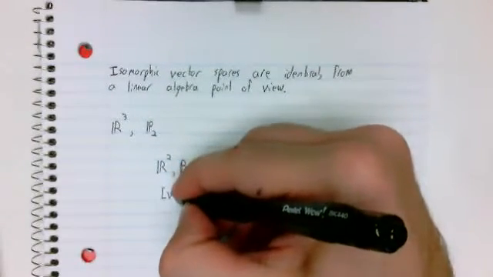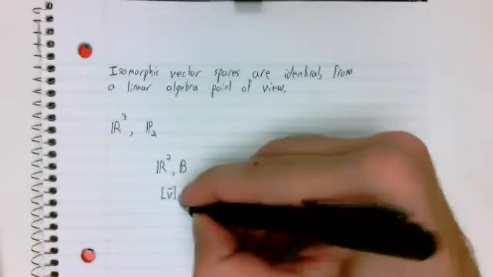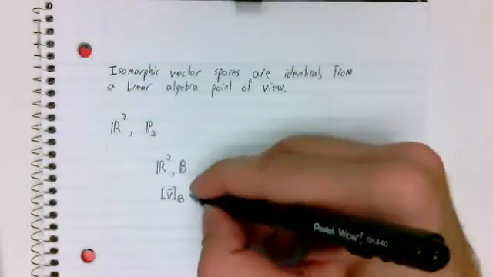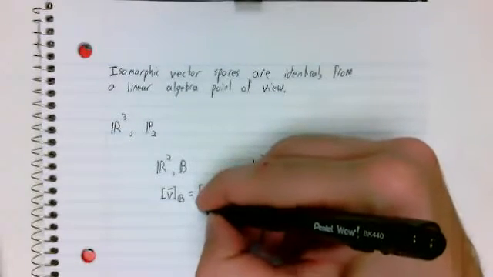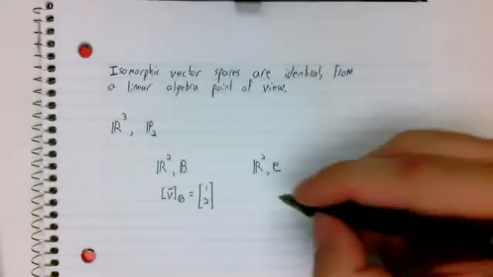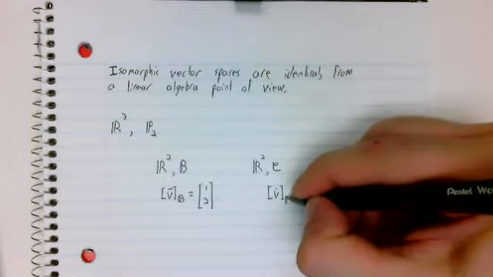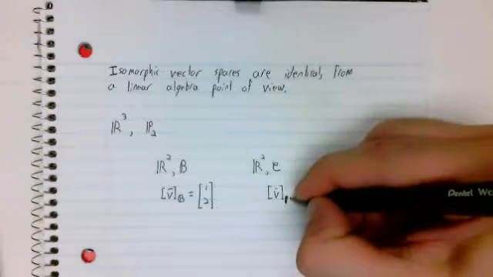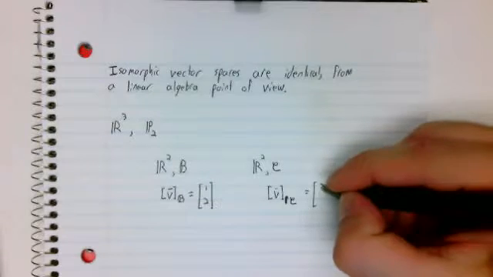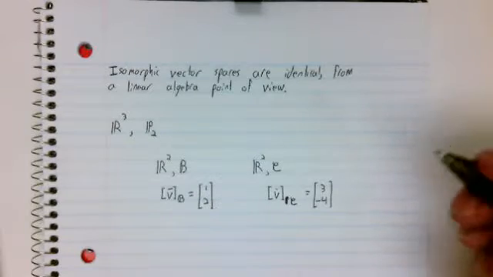And you have the coordinate vector of some vector in relation to the first basis, maybe 1, 2, and then the coordinate vector in relation to the second basis, maybe 3, -4.